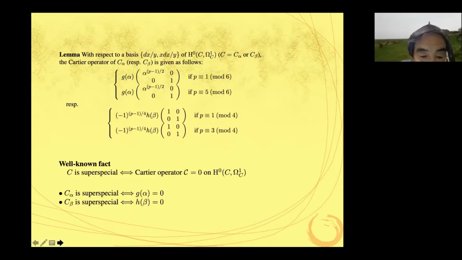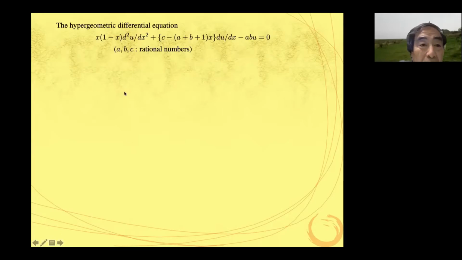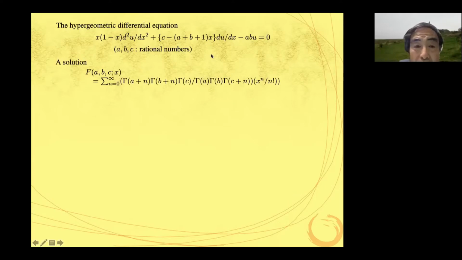And so now we need to check whether these two polynomials have a multiple root or not. For this purpose, we introduce the hypergeometric differential equation. First, we consider this over a field of characteristic 0, and it is well known that this hypergeometric differential equation has such a solution.